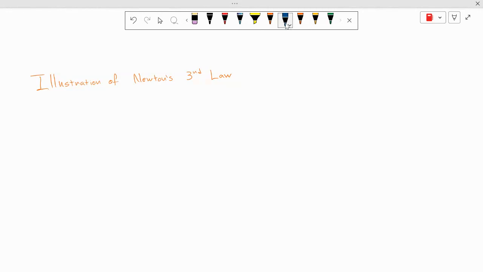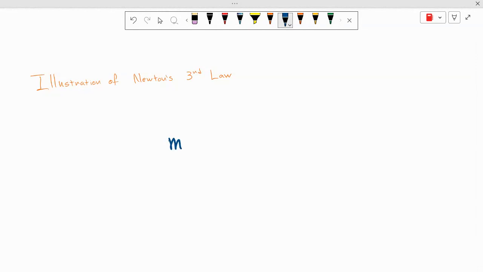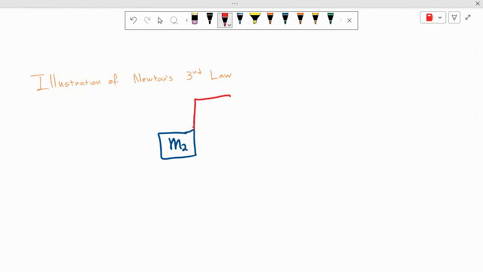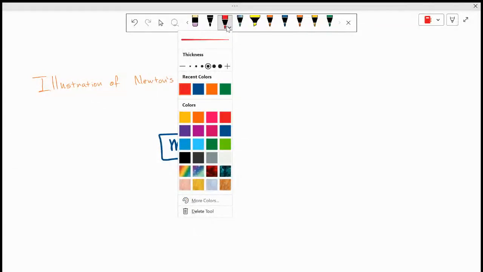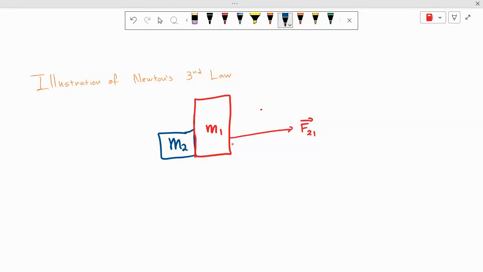So I guess we will illustrate that. If we have two masses and they are in contact with each other, then the forces they exert on each other are equal but opposite.